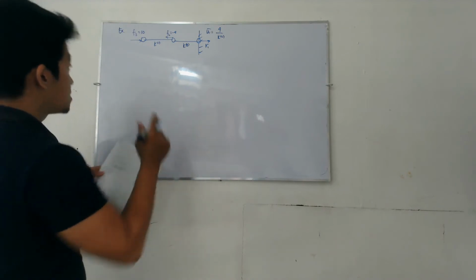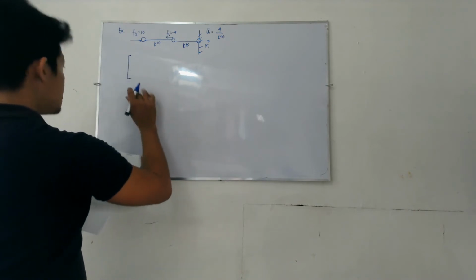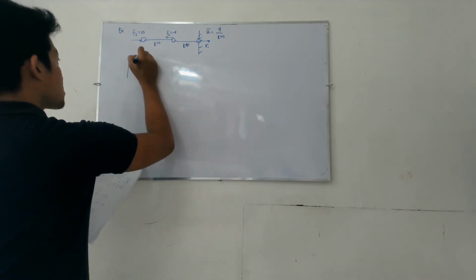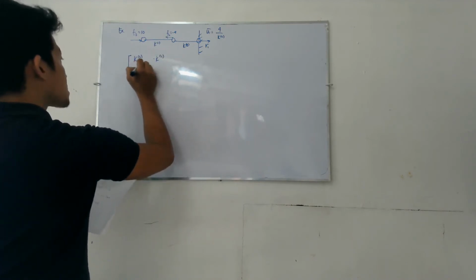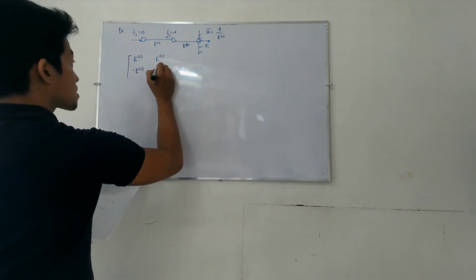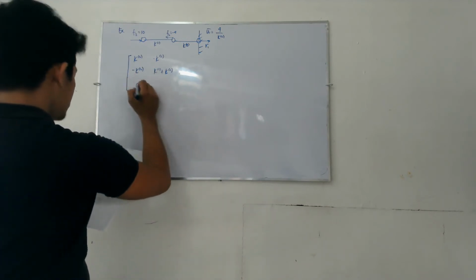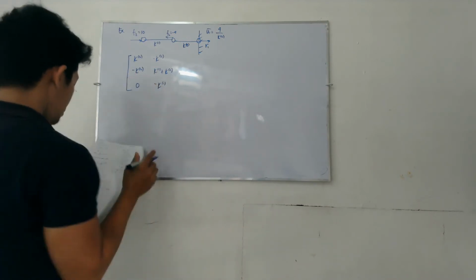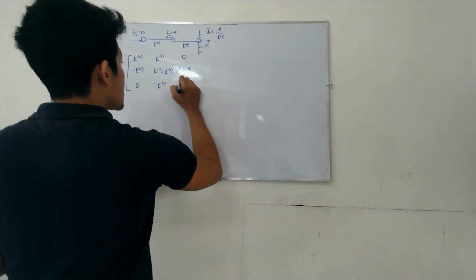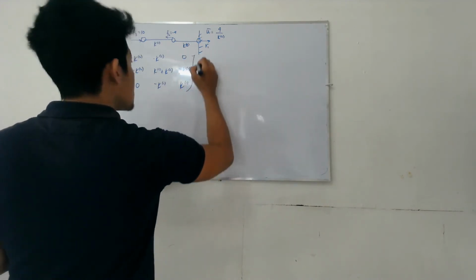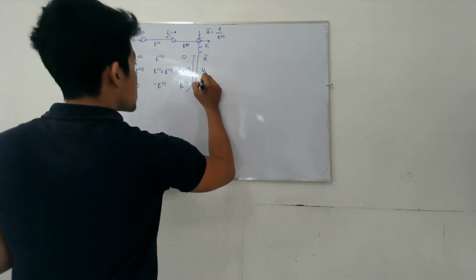So the overall equation is: K of 2, negative K of 2, 0; negative K of 2, K of 1 plus K of 2, negative K of 1; 0, negative K of 1, K of 1; times U1, U2, U3.